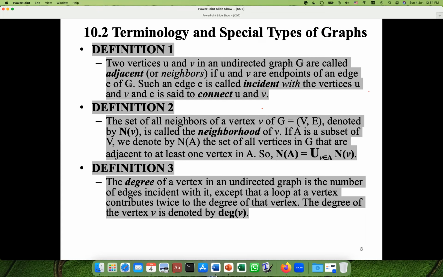Sometimes we can say that one vertex is adjacent to another vertex. If there is the word adjacent, then it means that they are neighbors. For example, I can say that one vertex U is adjacent to V in a graph G. If you have that term adjacent, then it means that they are neighbors. They are connected with each other through some edge.